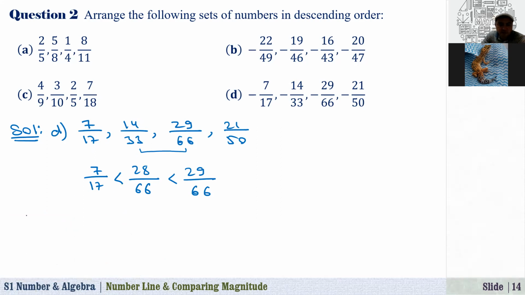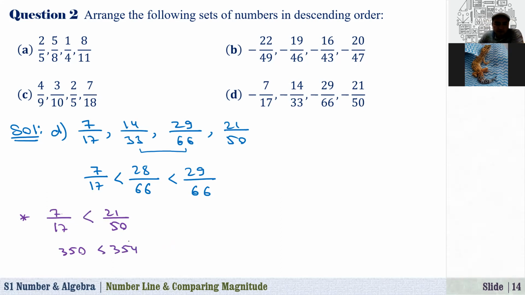If you just cross multiply, 7 times 50 is 350. 17 times 21 is 357. So it is greater. So this number is greater.